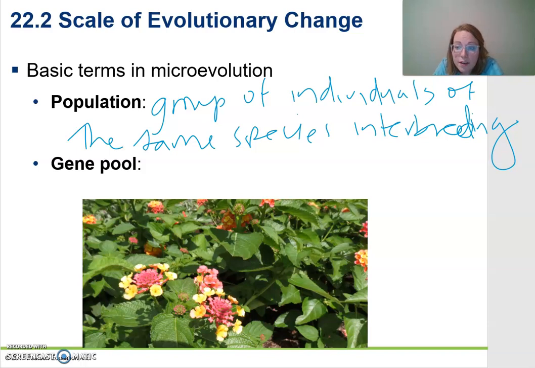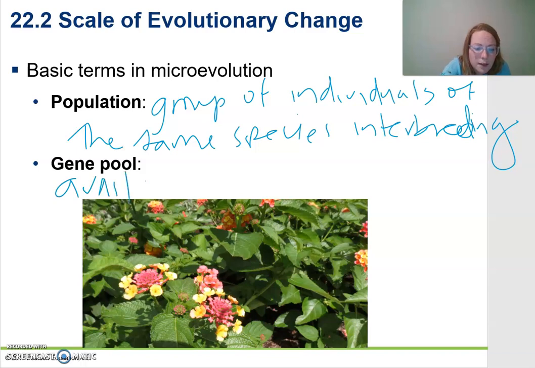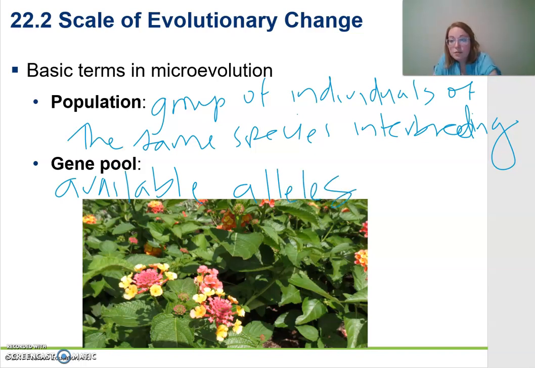What are the different forms of genes that we have here? Different populations might have different gene frequencies, might have different alleles. The picture below shows a group of flowers of the same species that are cross-pollinating, so they would be considered a population.